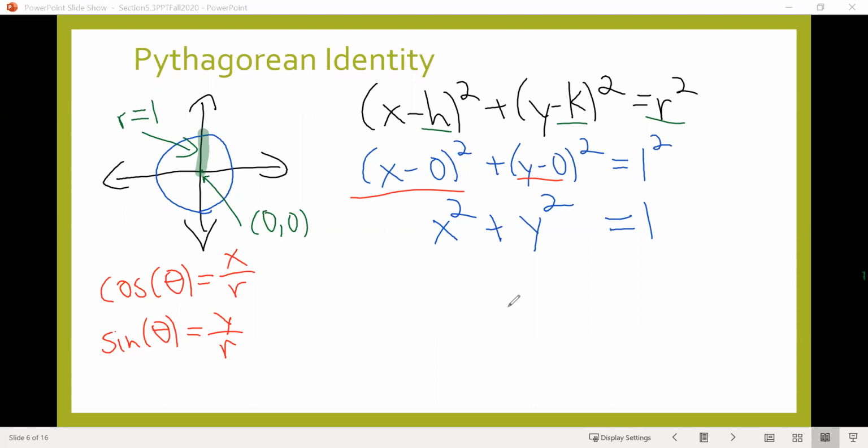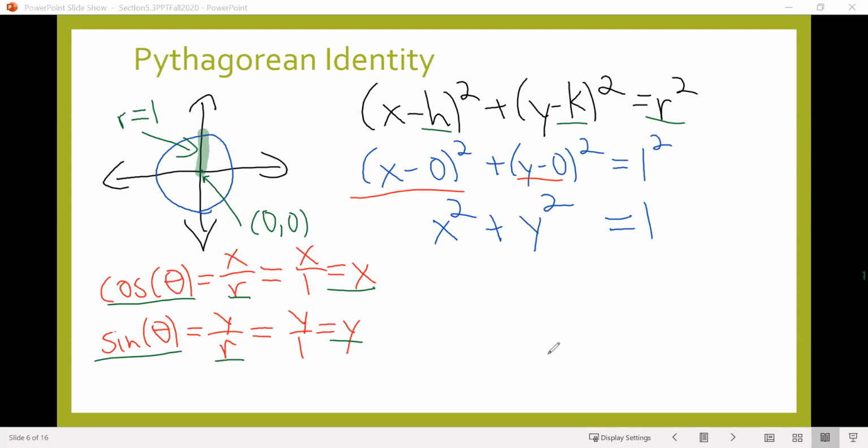But because this is the unit circle, we know that in this specific case, the value for r here is 1. So we know that for specifically the unit circle, these ratios are x over 1 and y over 1, which are just going to become x and y. So what we see then is that on the unit circle, the value of x is equal to the cosine of a particular angle, and the value y is equal to the sine of a particular angle.